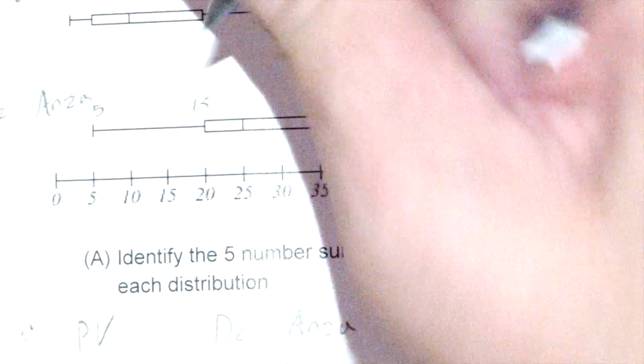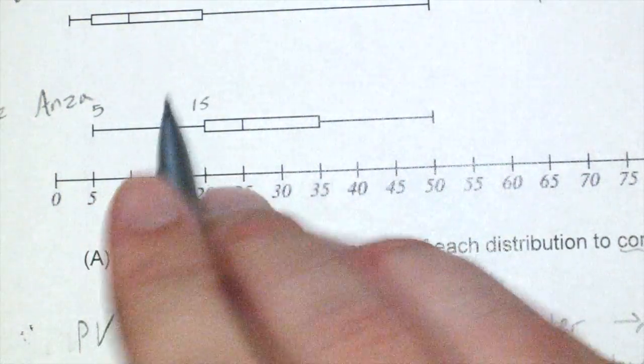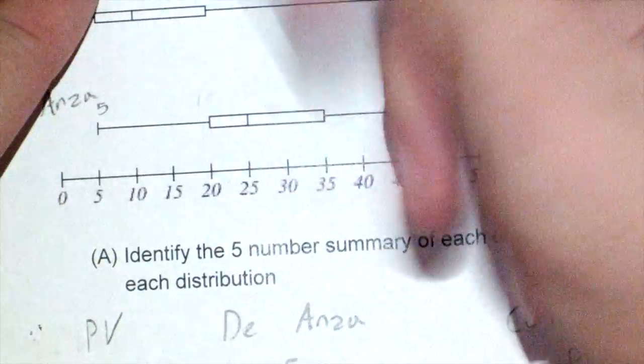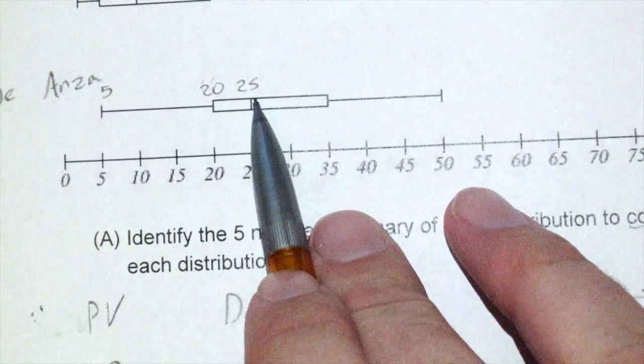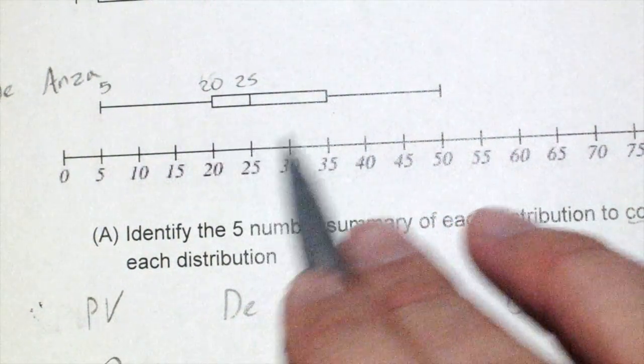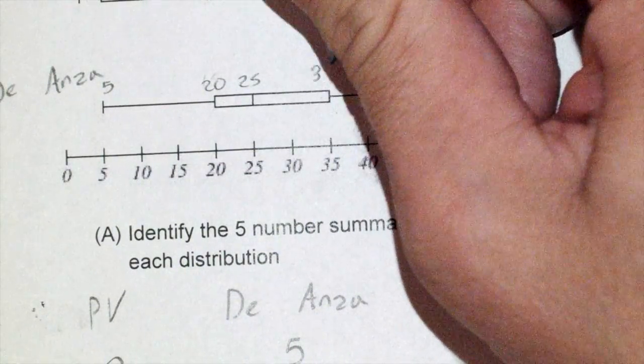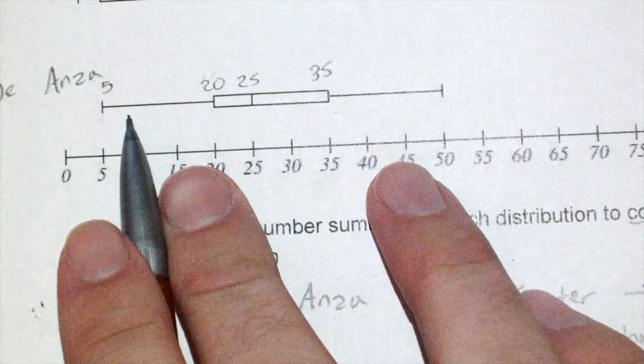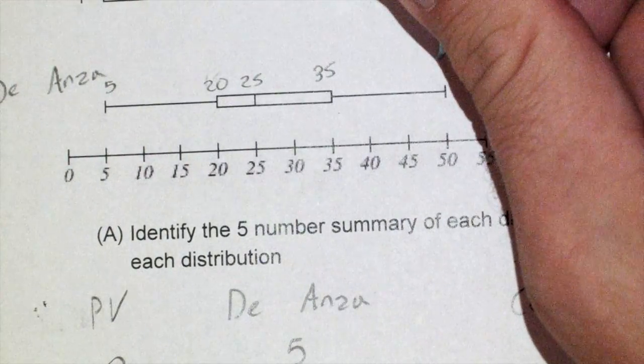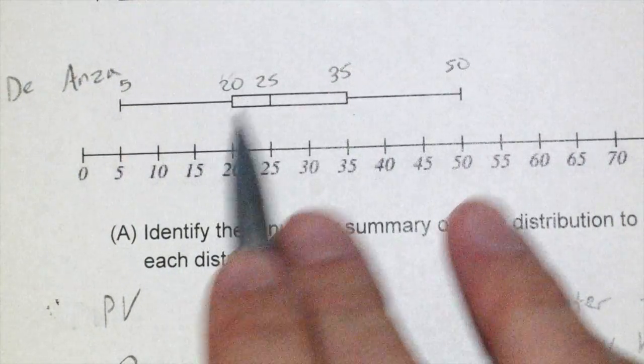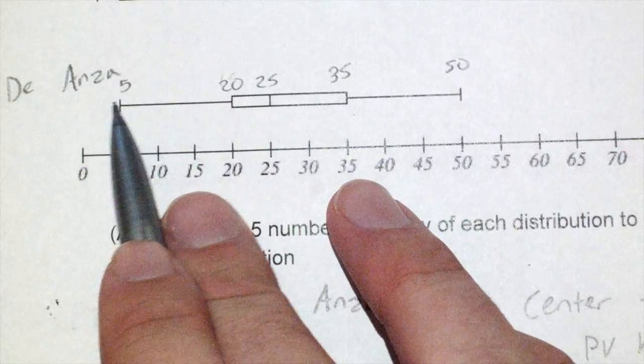So here, 5 to 15 is spread. 20 to 25 is really close together. 25 to 35, that's also closer than this. So there's more data here than here or here, okay?